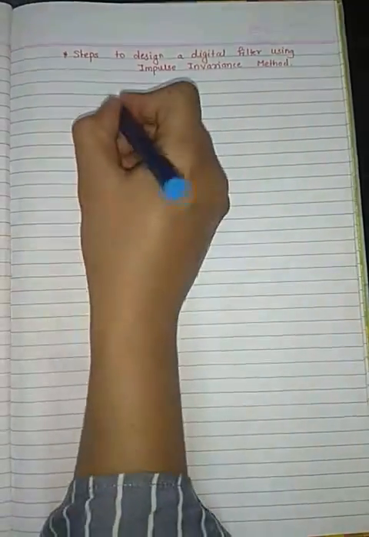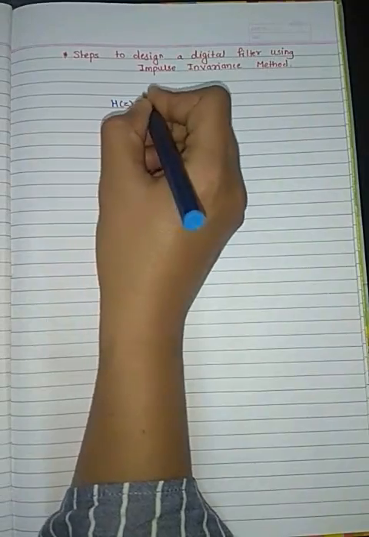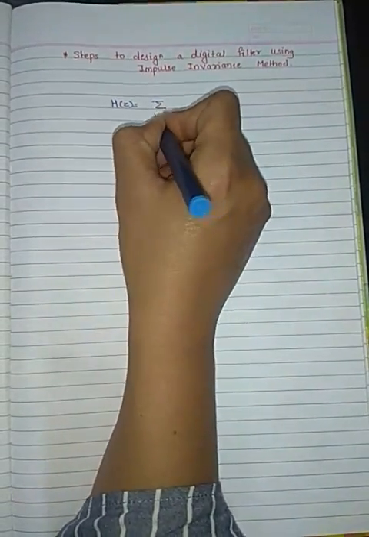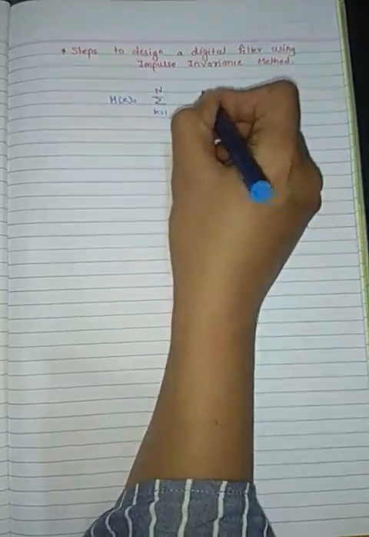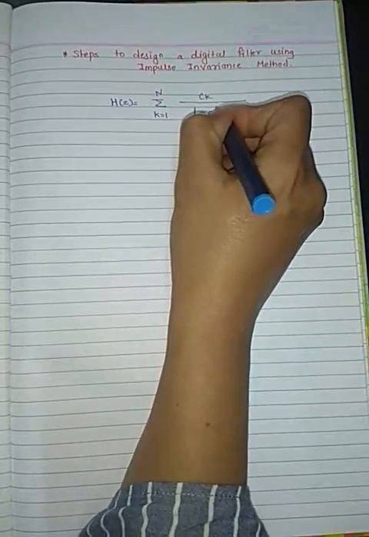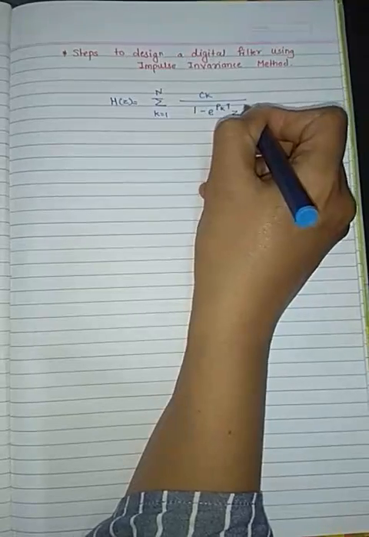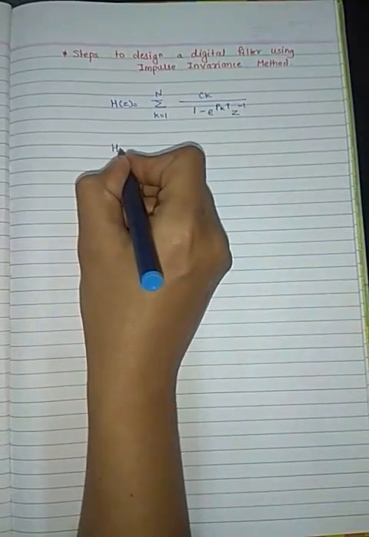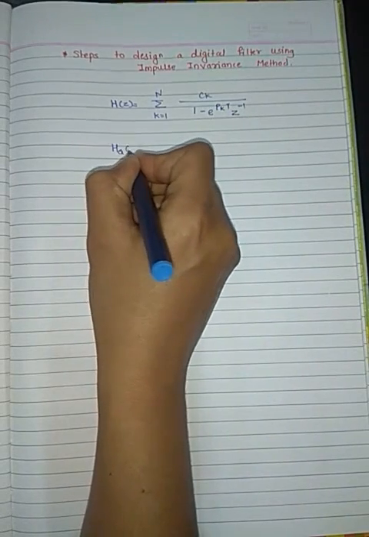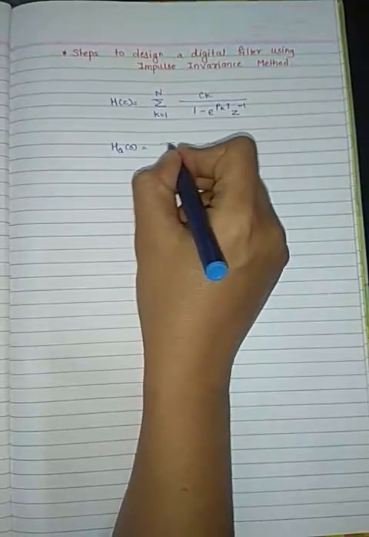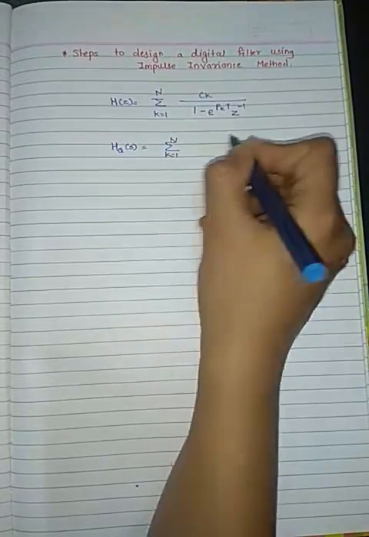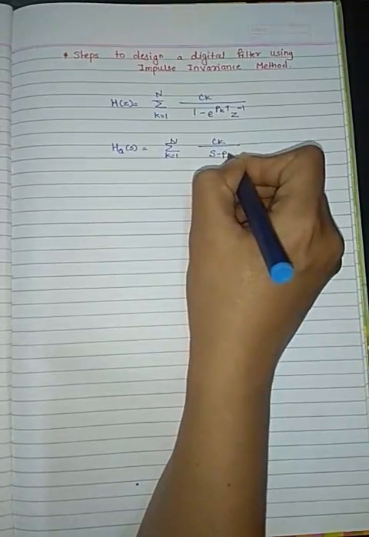In our previous video we derived the equation of H(z), which is equivalent to the summation from k equal to 1 to N of ck divided by 1 minus e raised to pk T z raised to minus 1, derived from the analog system function, which is the summation from k equal to 1 to N of ck divided by s minus pk.